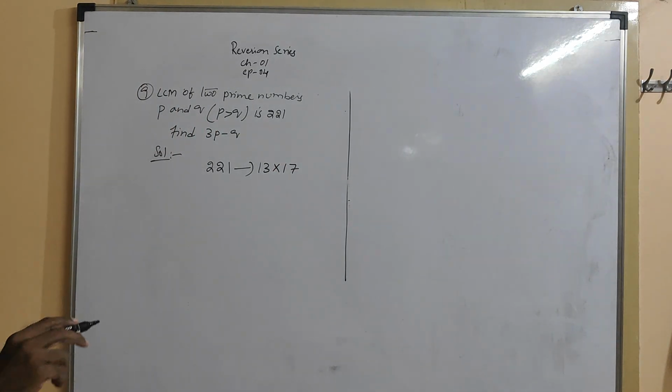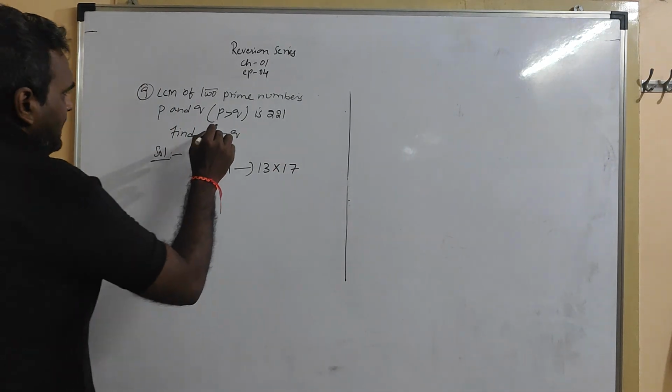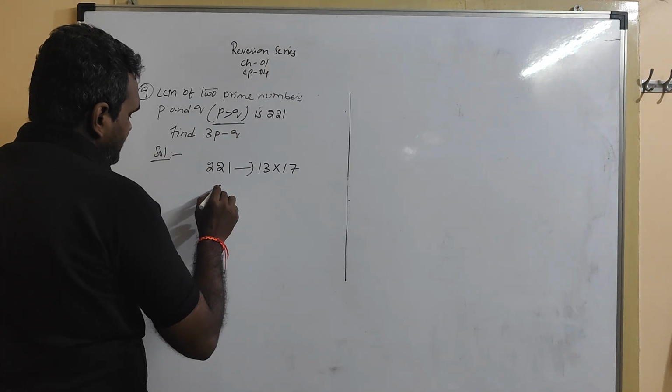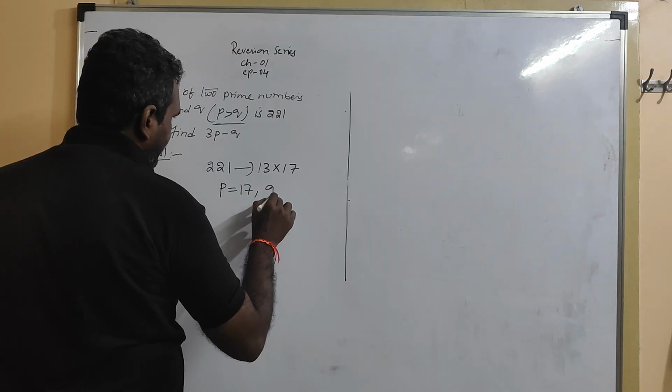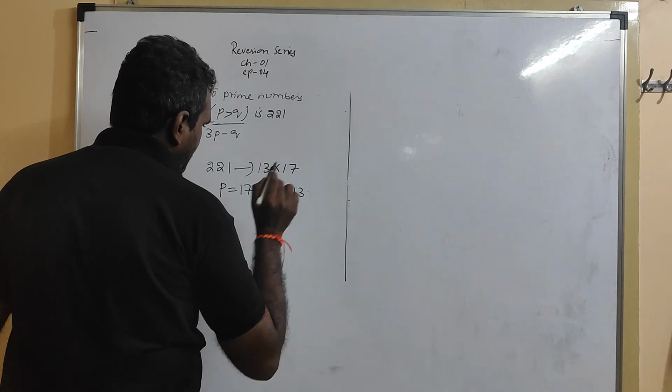So 221 can be written as 13 into 17, and this condition is given: P is greater, so P is 17 and Q has to be 13.